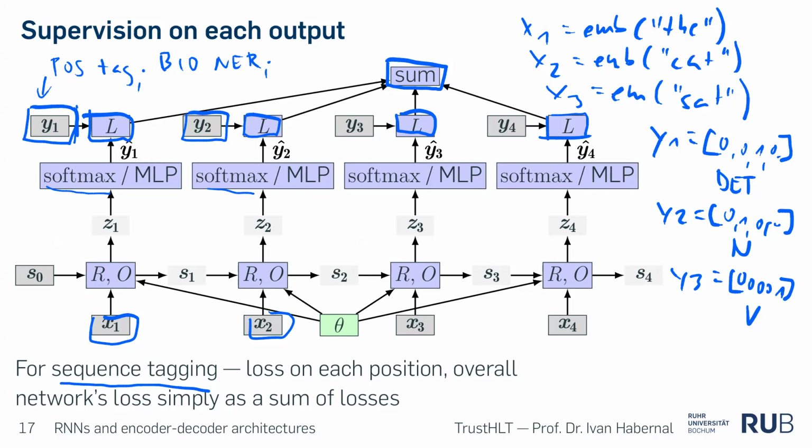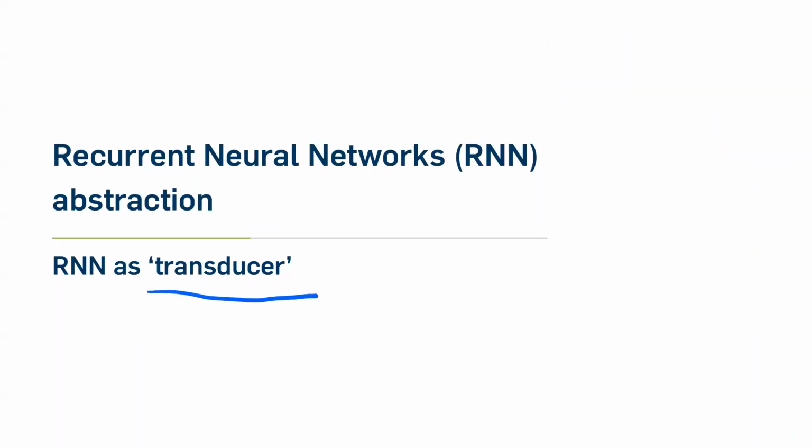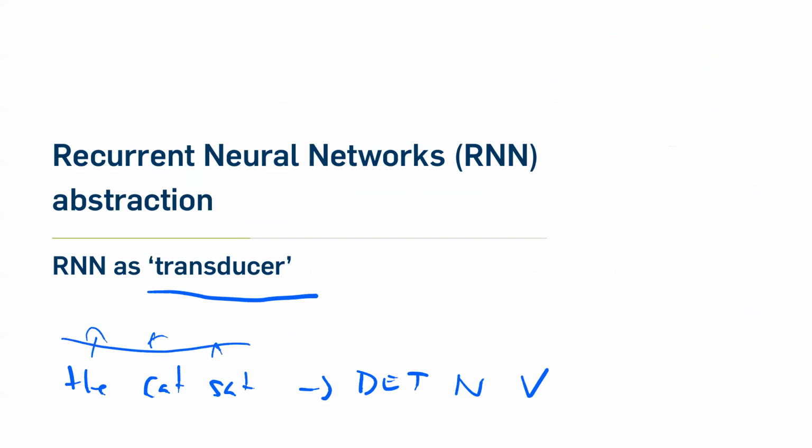So what you're proposing is, I have the cat sat, and I want to generate determiner, noun, and verb, and I don't care about the outputs at each position, I just want to generate a list. You can do this, and we will have an architecture later today, the encoder-decoder for generating text, which does exactly what you want.